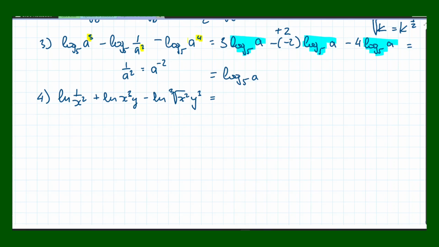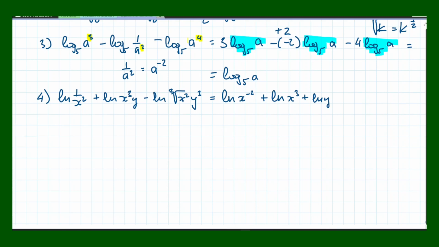So the first term is only x in the argument, so I'm going to keep x, but I'm going to replace 1 over x squared with x to the negative 2. Plus, there is a multiple behind the second term in the log sign, so I can break this out as ln of x cubed plus ln of y.